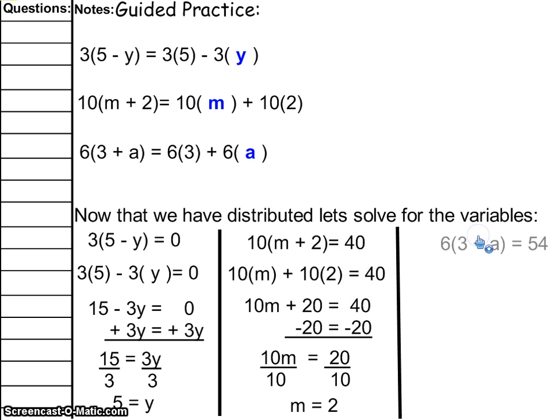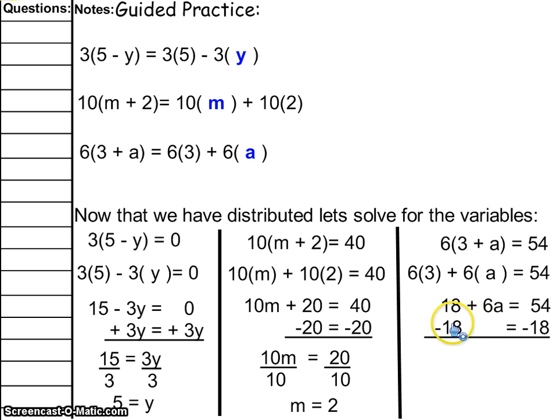Our last guided question is 6 times 3 plus a equals 54. Again, distribute the 6. Multiply your products and isolate your variable. So first we're going to subtract 18 from both sides, and we're left with 6a equals 36.